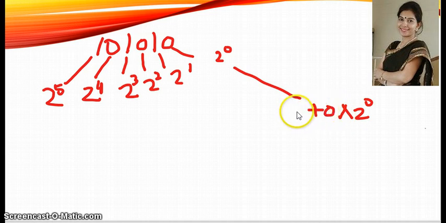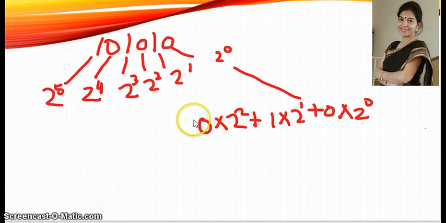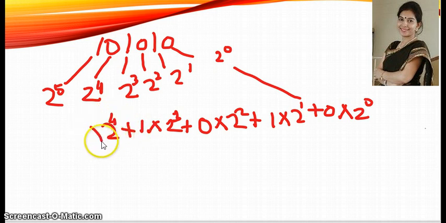plus 2 raised to the power 1 multiplied with 1 plus 2 raised to the power 2 multiplied with 0 plus 2 raised to the power 3 multiplied with 1 plus 2 raised to the power 4 multiplied with 0 plus 2 raised to the power 5 multiplied with 1.